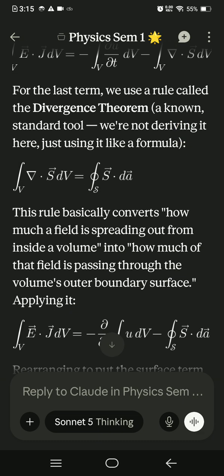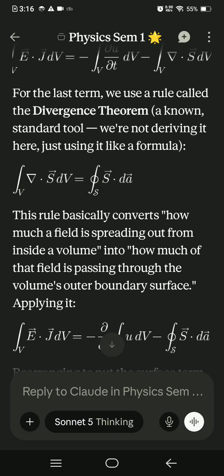This rule basically converts how much field is spreading out from inside a volume into how much field is passing through the volume's outer boundary surface.